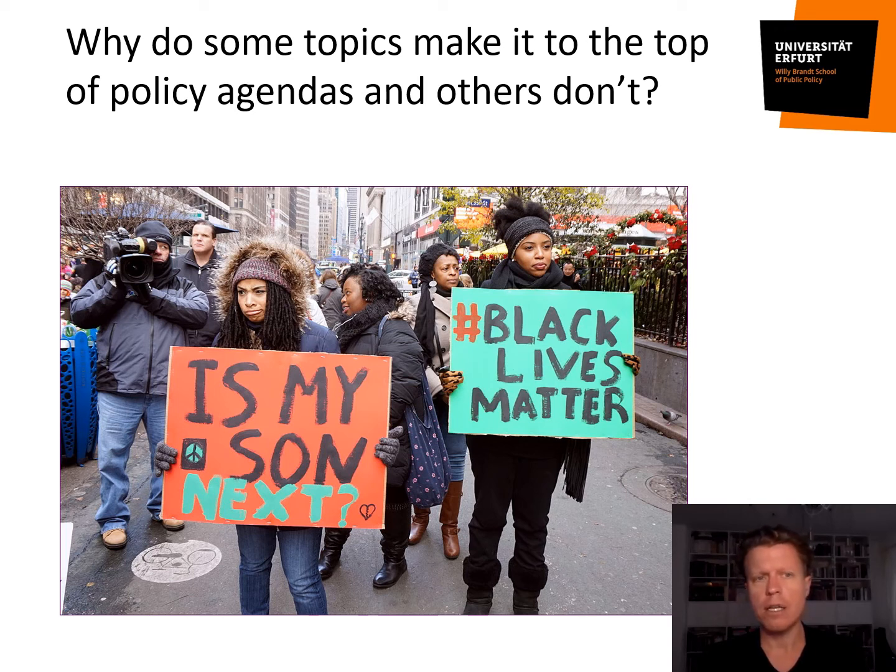There are others that need to be tackled as well. So the takeaway already here is it's not enough that a topic is important and needs to be tackled. A lot more needs to come together. And the literature gives us important insights into that. And that's why we'll study the whole process of agenda setting in more detail.